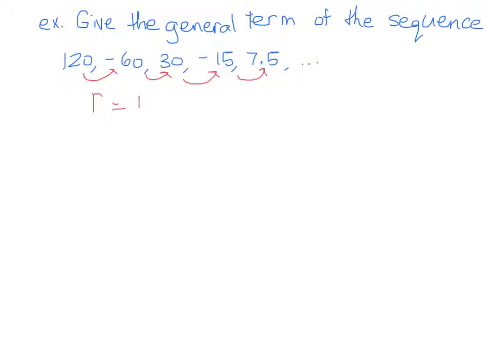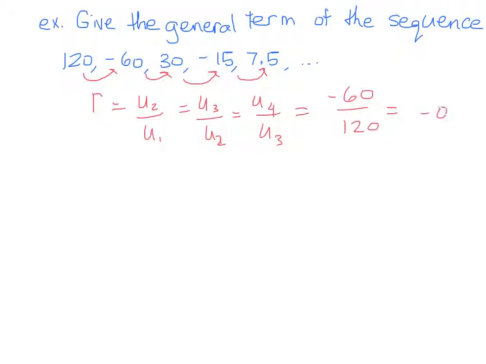So R is actually U2 over U1, which is actually going to be the same thing as U3 over U2 or U4 over U3. It actually doesn't matter which consecutive pair of terms, as long as you're taking the term afterwards and dividing it by the term before. So in this case, our R value is -60 over 120, which is actually -0.5.